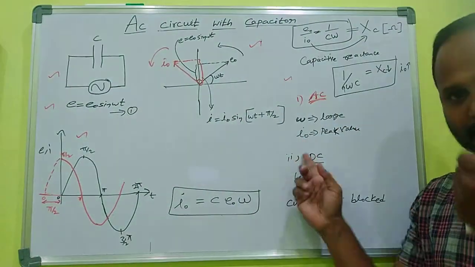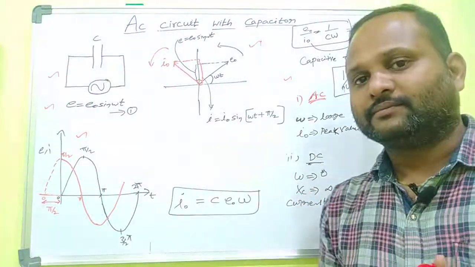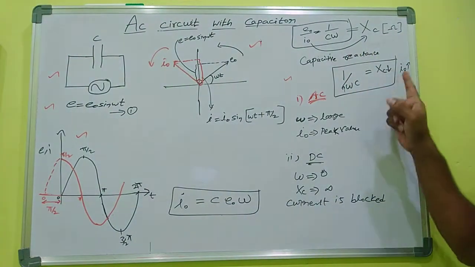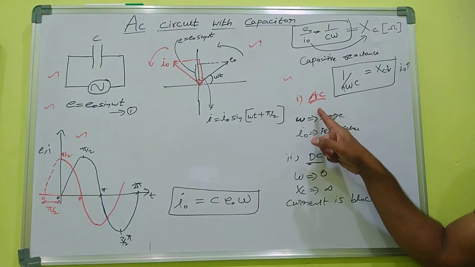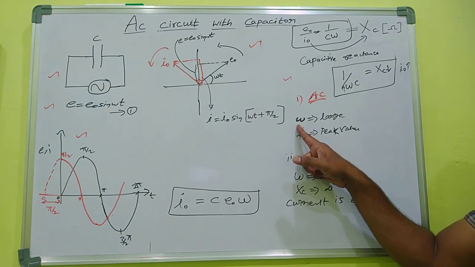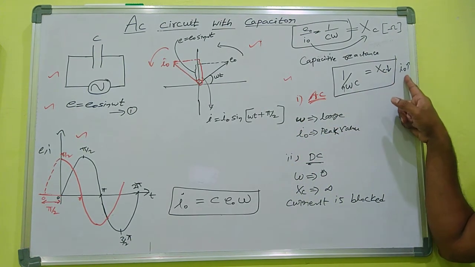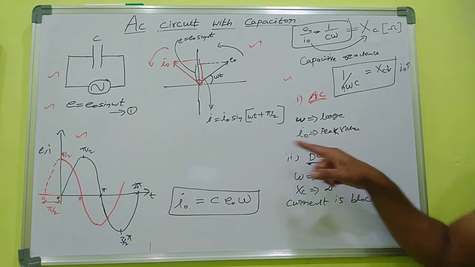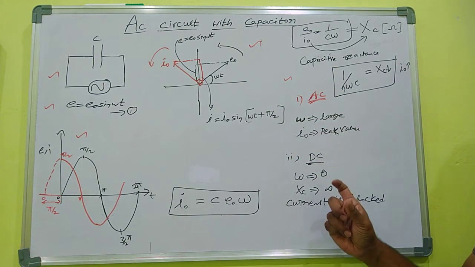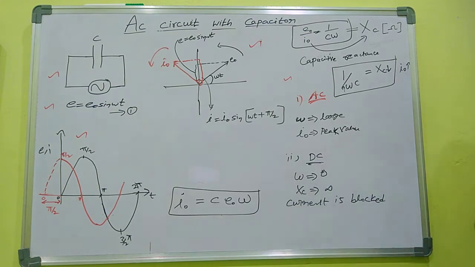Listen carefully, these are all important points. First one is AC frequency large. If the frequency is large, then the opposition will be small, so maximum current will pass through the capacitor. So the capacitor allows AC current to pass through, especially high frequency AC current.